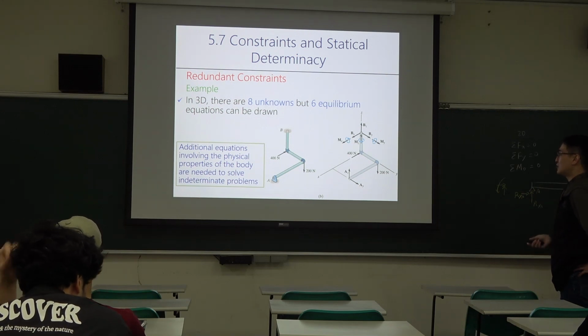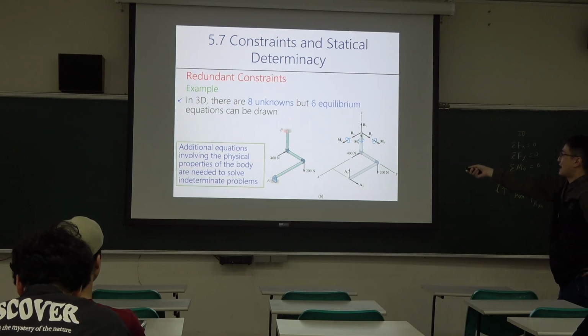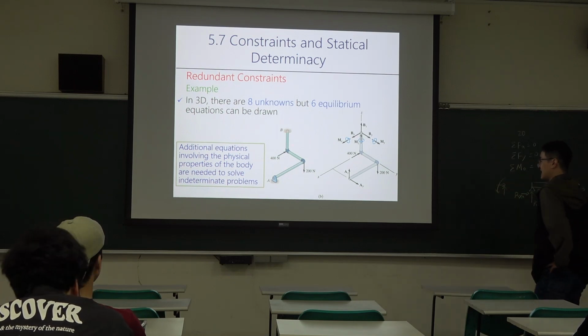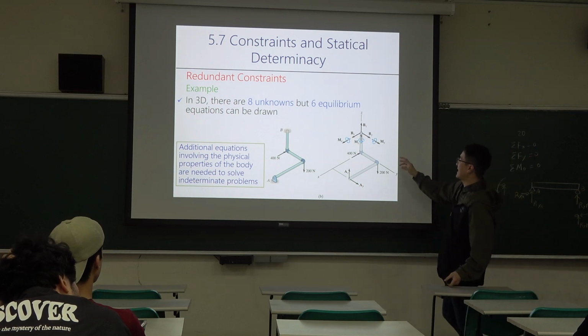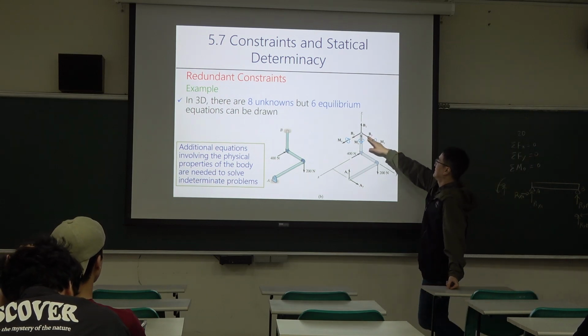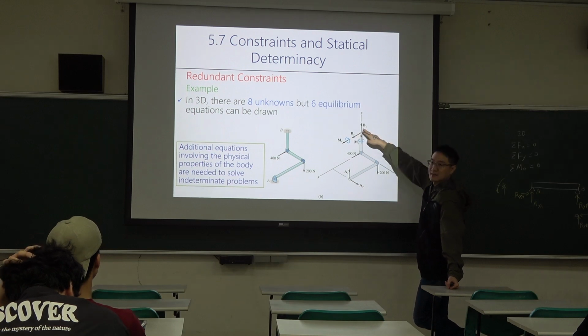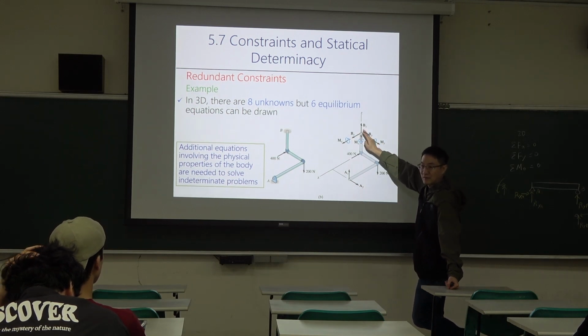For this 3D problem, point B is fixed, so fixed can have six unknowns.